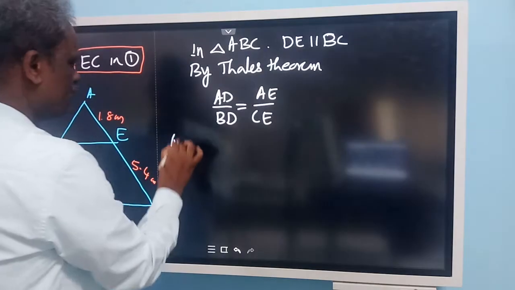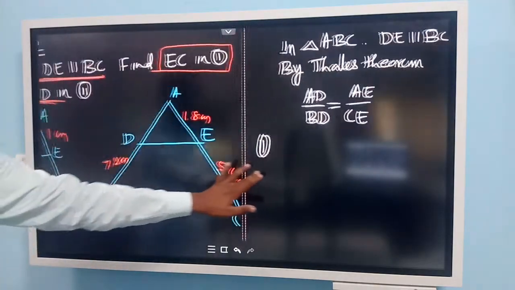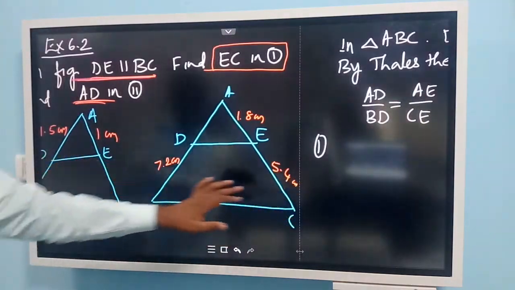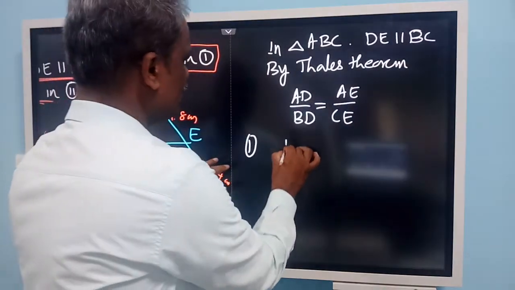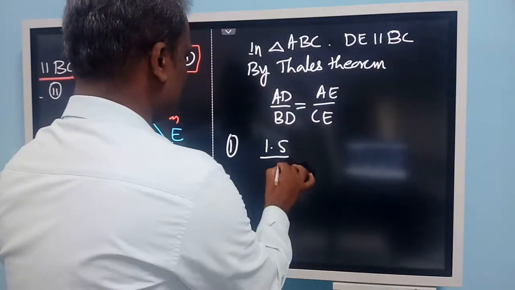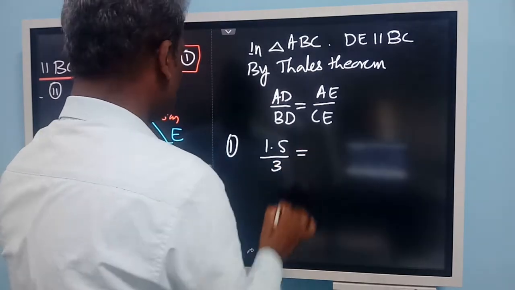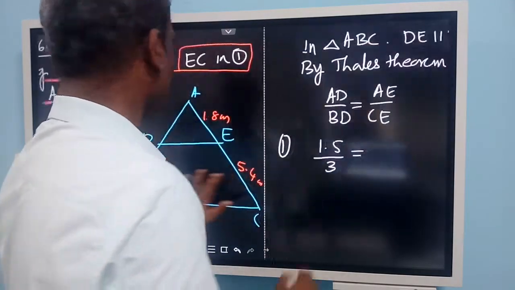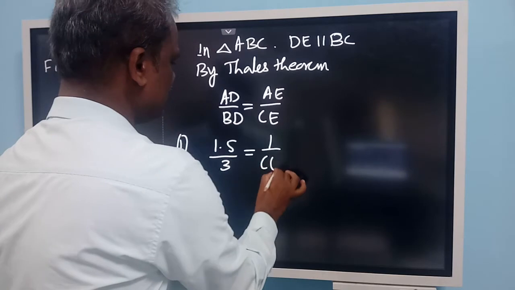So in figure 1, first situation, AD is given, it is 1.5, divided by BD also given, it is 3, is equal to AE is given 1 centimeter divided by CE.